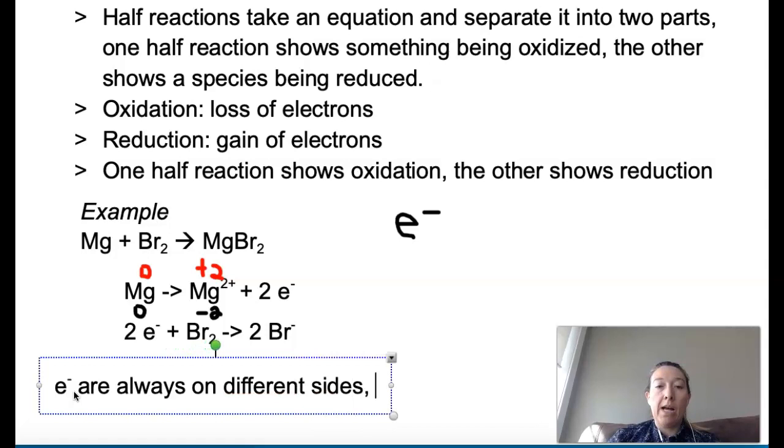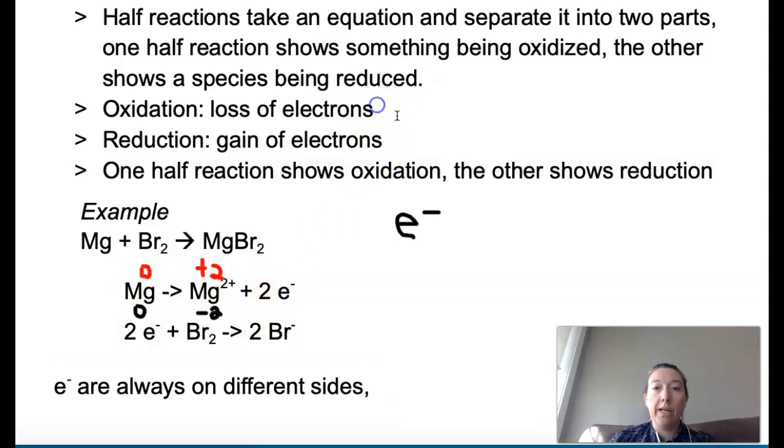The reason for that is one of our half reactions has to be oxidation and the other one has to be reduction. If they're both on the same side, then they're both oxidation, or if they're both on the other side, they're both reduction. So we said that oxidation is defined as the loss of electrons. So when we look at this, losing electrons means the electrons are going to be on the product side.